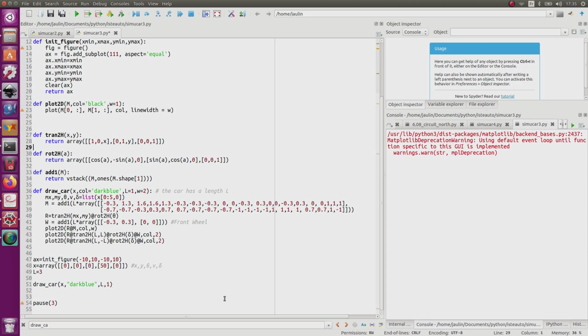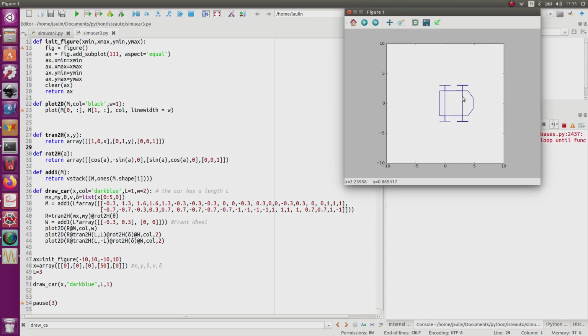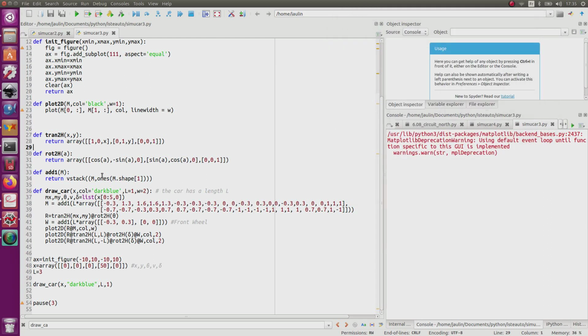Here. So let me run this. This is my car. So assume, for instance, that I rotate by an angle theta, let's say 1, and I translate by 1 and 2, and the heading I put, for instance, 0 as previously.